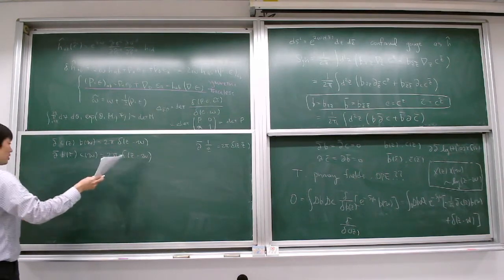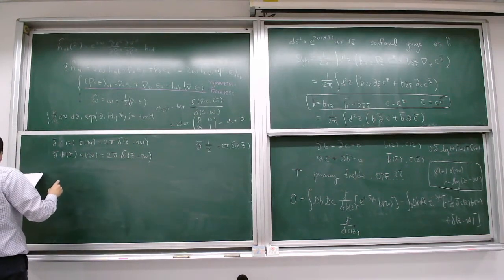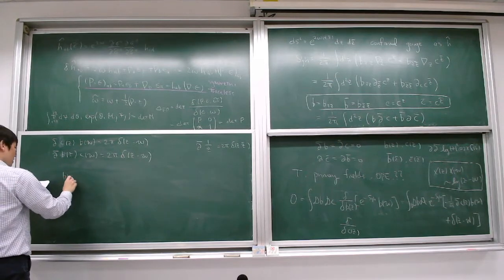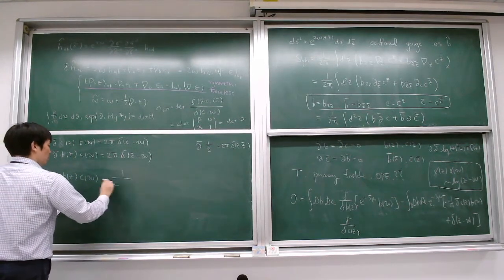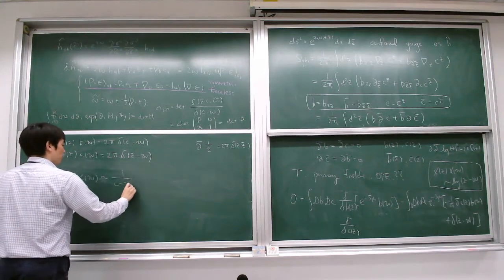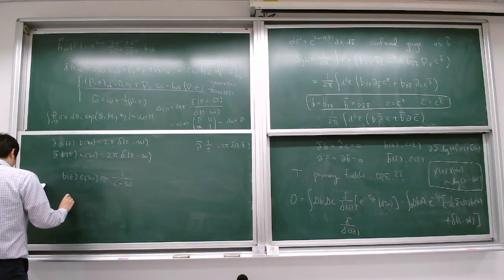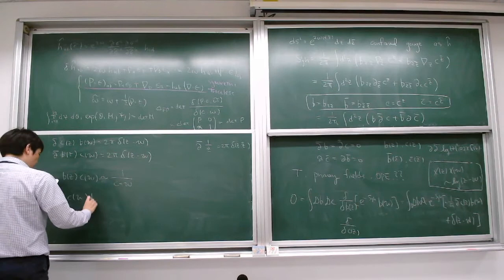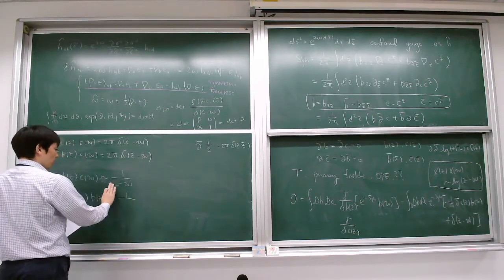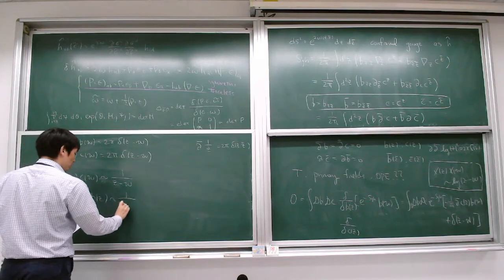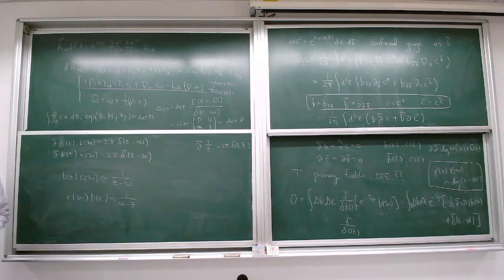So you just compare both, and see what's going to happen. Compare both, and then you can easily tell that B(z)C(w) is equal to 1 over z minus w, and C(z)B(w) is 1 over, oh my goodness, why are they right there? You should correct me. W minus z. Okay.